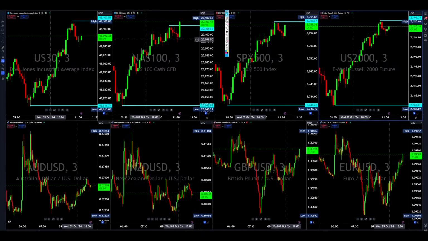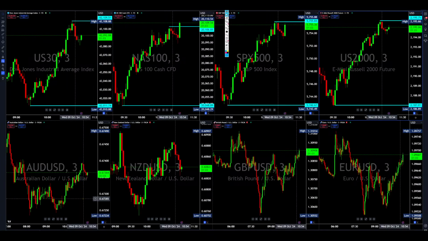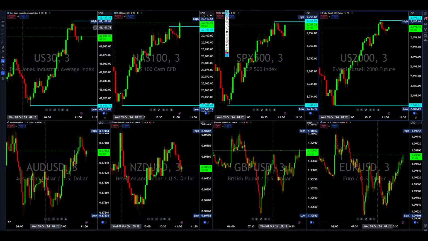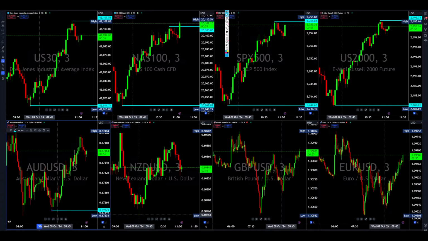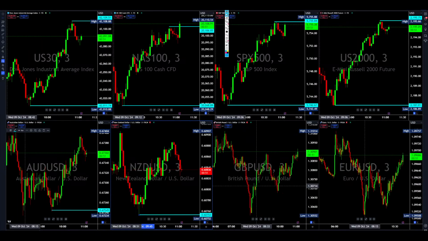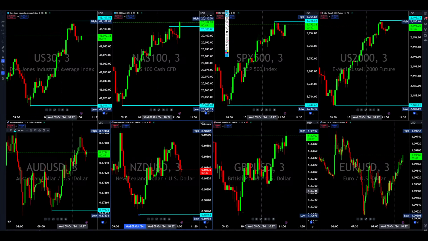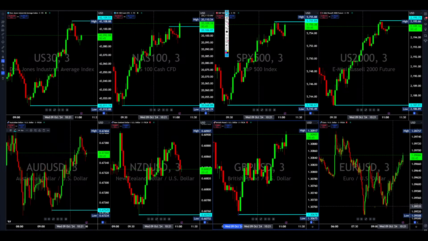Now we can clearly see that these charts are pushing higher, but these two currencies are not moving. All right, there we can see that. So again, same time, what is this time? Okay, this time and this time, and this time on pound.